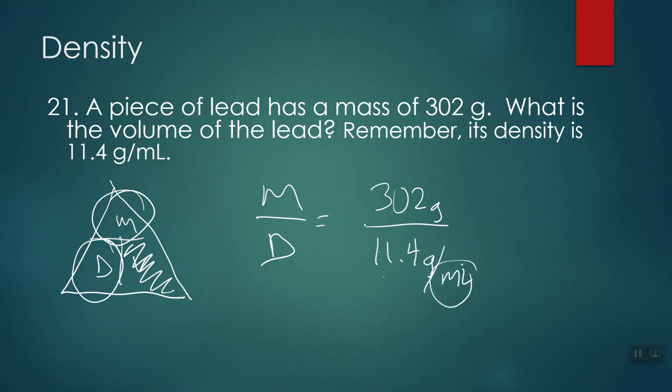And algebraically, that means that the milliliter needs to be on top here. You don't have to understand that in order to still be very good at this. You just need to remember that volume is always in milliliters. So the grams cross out. All we're left with is dividing. 302 divided by 11.4.